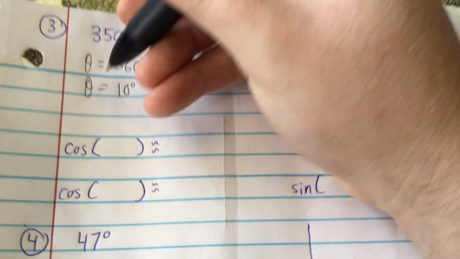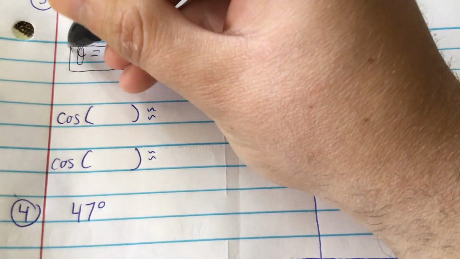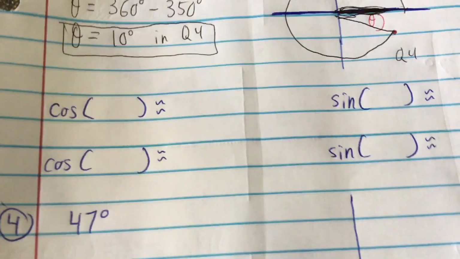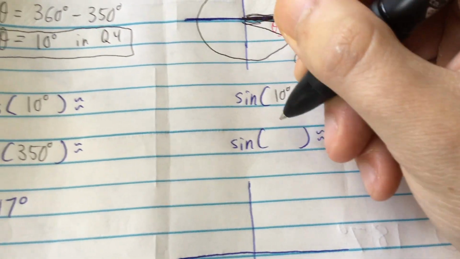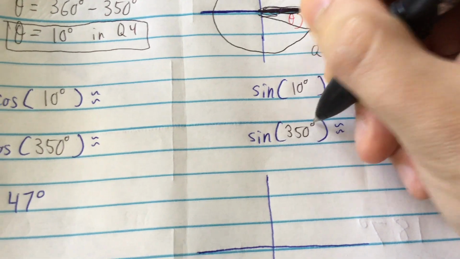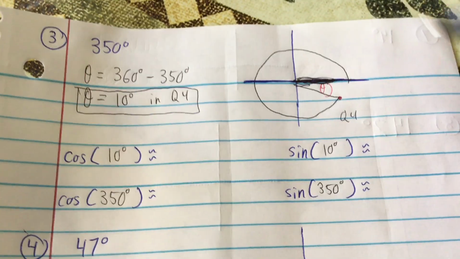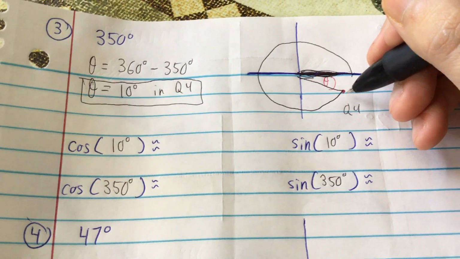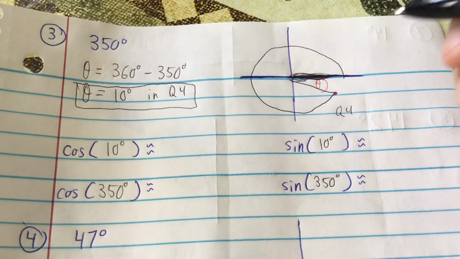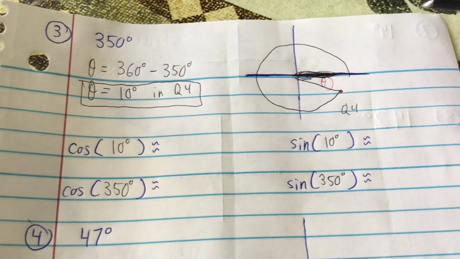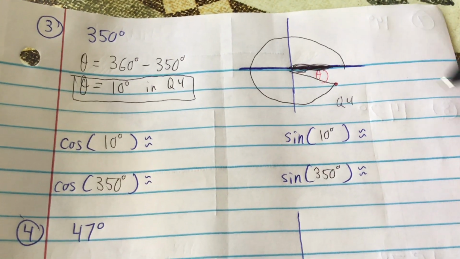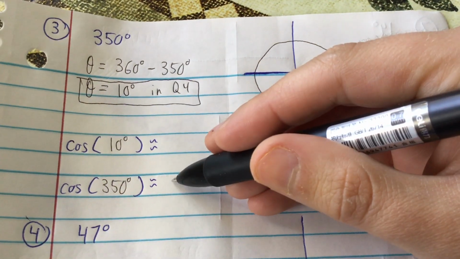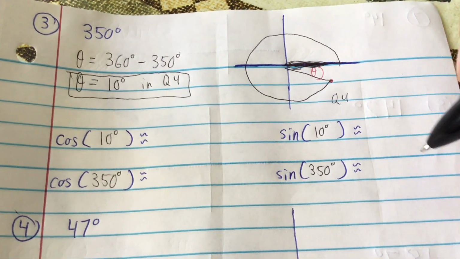So we're going to look for the reference angle to match up with the 350 degree angle. So let's explore some theories. What do you think are going to be the cosine and sine of 350 degrees compared to the 10 degree angle? So since we're in quadrant 4, the cosine must be positive, and the sine, since we're below the x-axis, has to be negative.